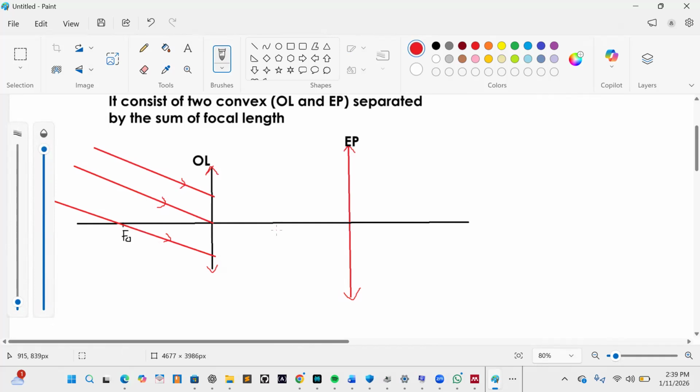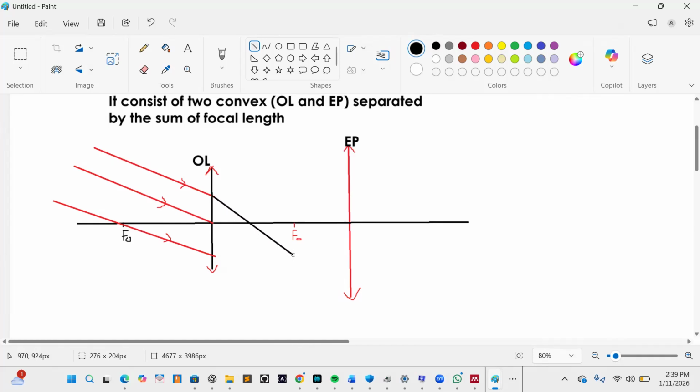So where the parallel rays of light converge to is the F2, but let's call that FO. We define F2 for spherical lenses as the point of convergence or divergence of rays. In this case it is a positive lens, so it's going to converge to FO here. Those rays that are coming from infinity will converge to here.